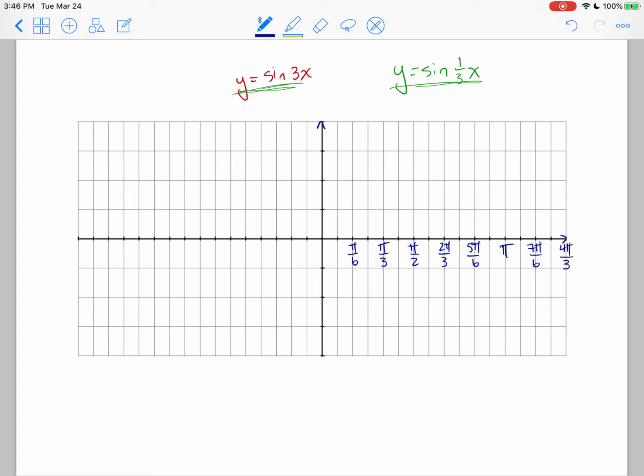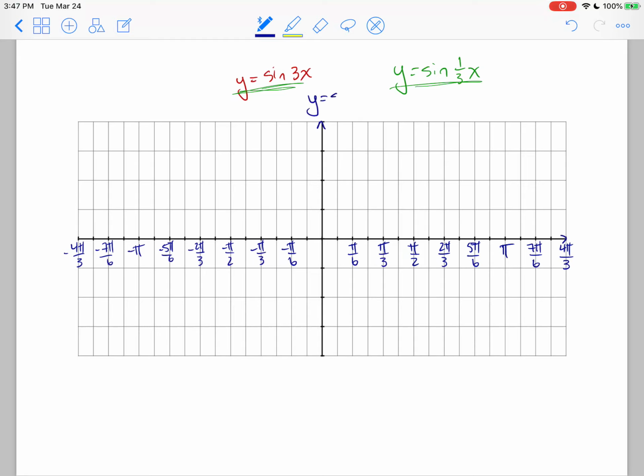That's as far as we can get in that direction. We'll do the same thing in this direction. So we have negative pi over 6, negative pi over 3, negative 3 pi over 6, which is negative pi over 2, negative 4 pi over 6, which is negative 2 pi over 3, negative 5 pi over 6, negative 6 pi over 6, negative 7 pi over 6, and negative 8 pi over 6. Again, it's just good practice to be counting in fractions of pi.